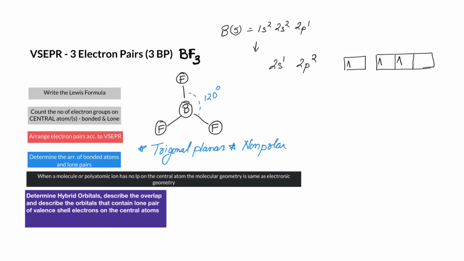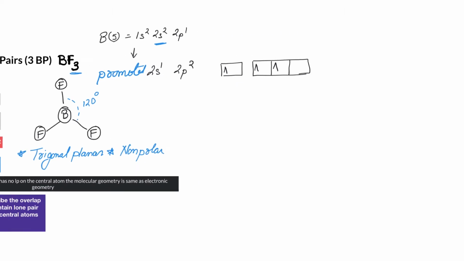So boron is 1s2, 2s2, 2p1. Now obviously, if s loses one electron, it would be more stable, right? So the s becomes promoted, 2s1, 2p2. Now BF3 means we have 3 orbitals which are going to be involved.